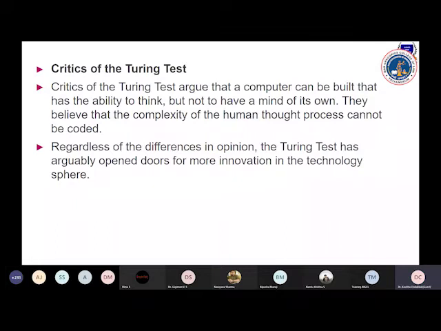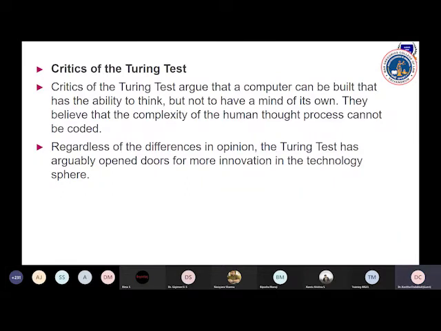They say that a computer can be built with an ability to think, but it would not have a mind of its own. So here you can say that the Turing test opened ways of identifying whether a particular innovation would amount to an artificial intelligence or not.